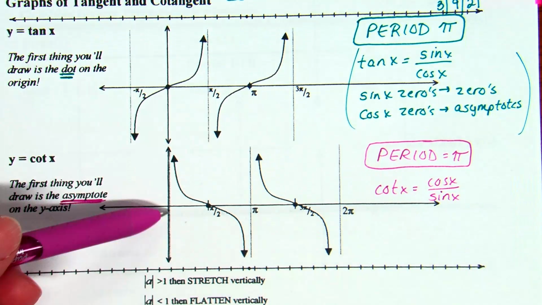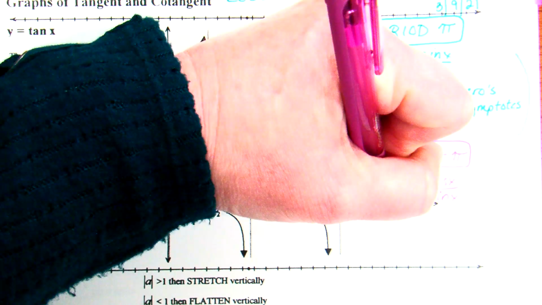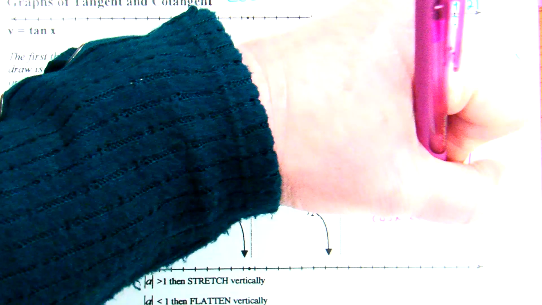Since sine is in the denominator, anytime sine has a 0, it's an asymptote. Sine crosses through at 0, pi, and 2 pi, and those are asymptotes now. So, similar to earlier: cosine x zeros stay as zeros, and sine x zeros become asymptotes.